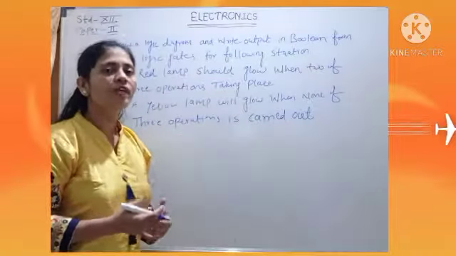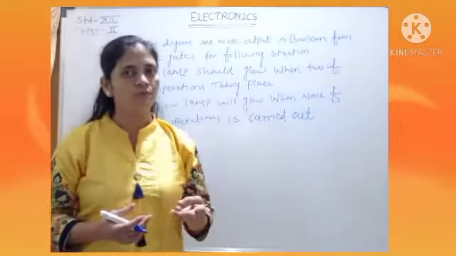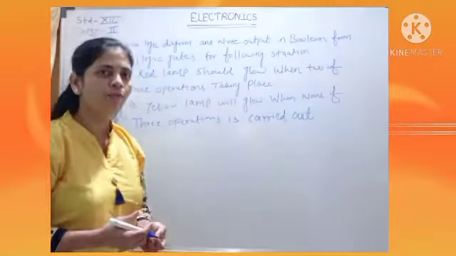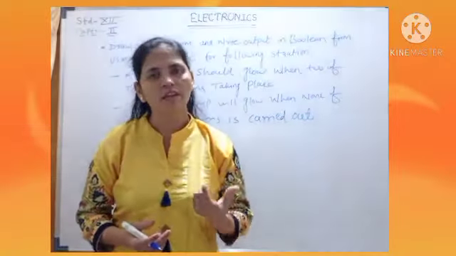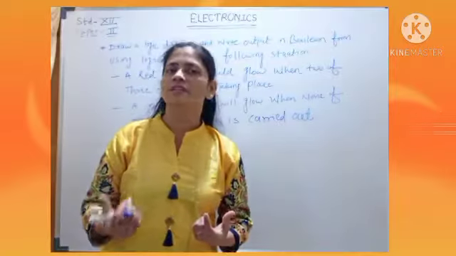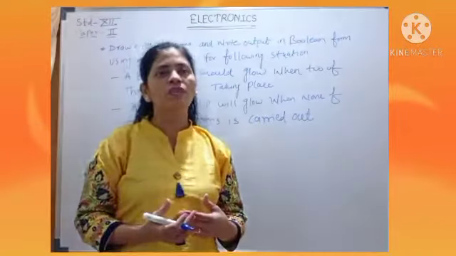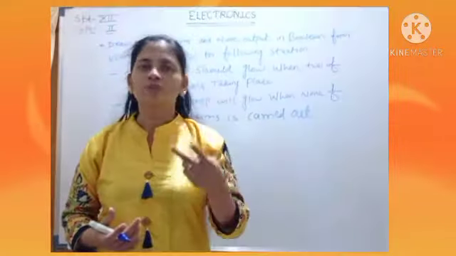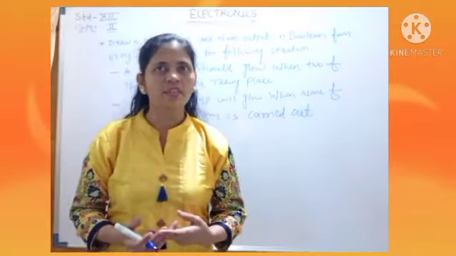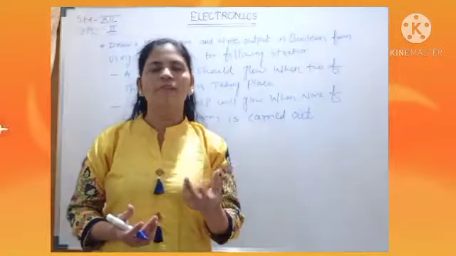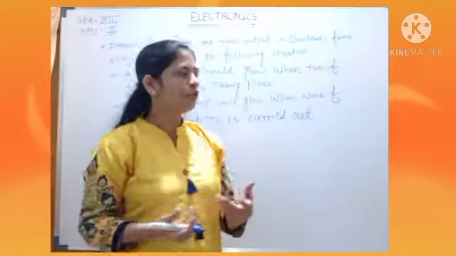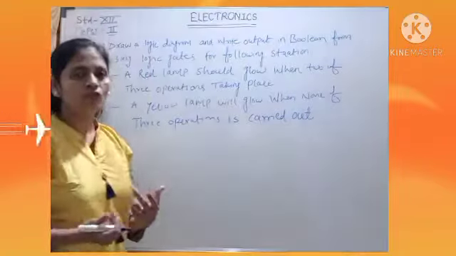Here there are three inputs, and from these three inputs, only two are in the on condition and one is in the off condition. In a logic gate, if two inputs are on, it means two inputs are high and another is low.